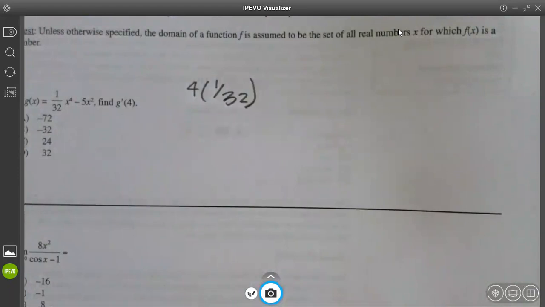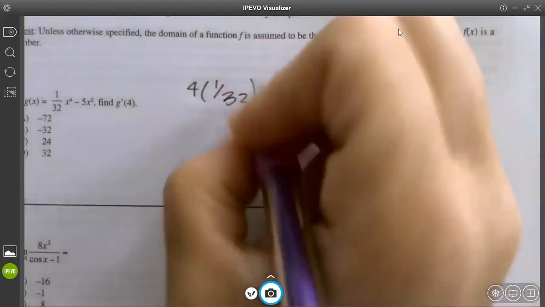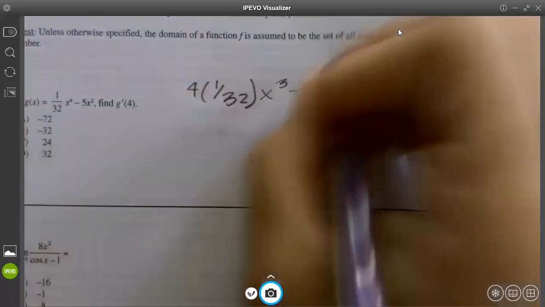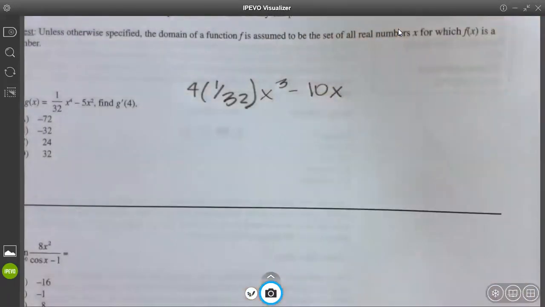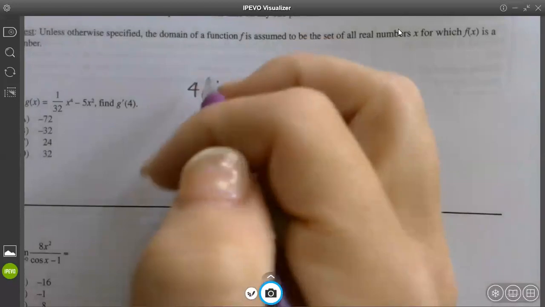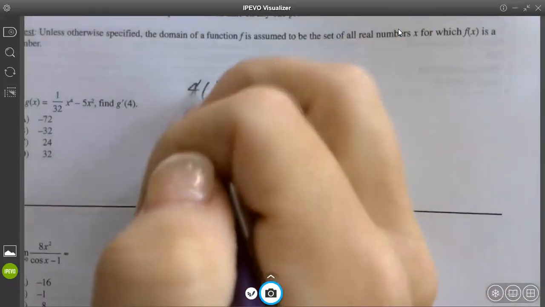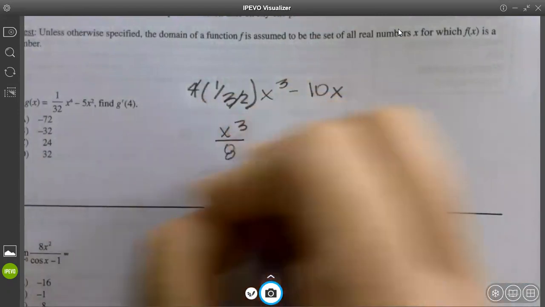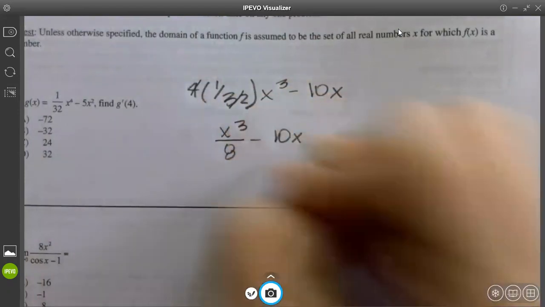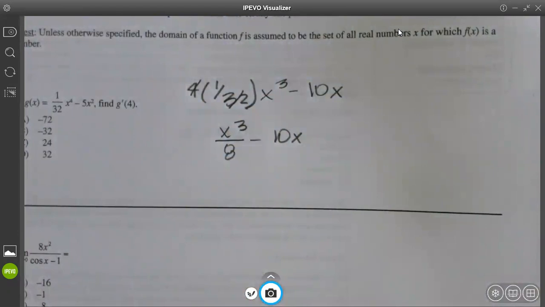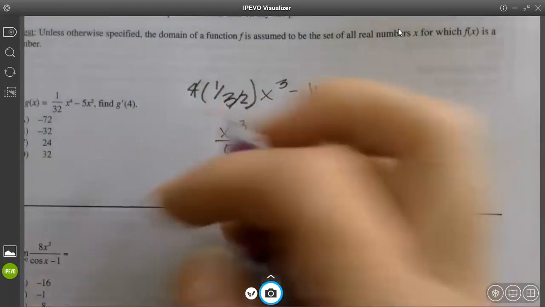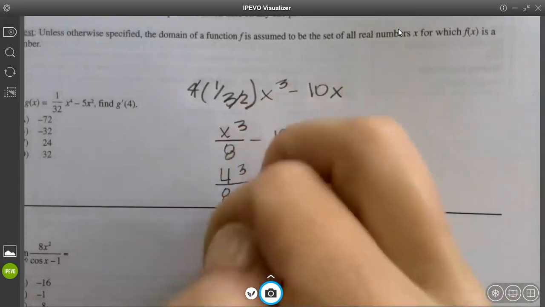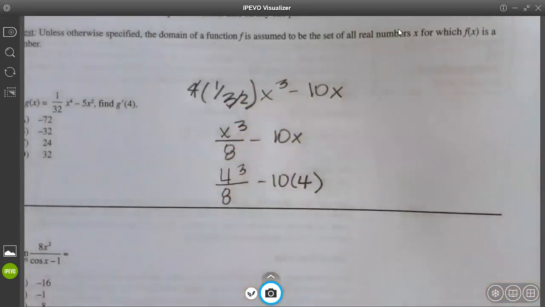Okay. So 4 times 1/32 x to the 3rd minus 5 times 2 is 10x. 4/32 reduces to, so we have x to the 3rd over 8 minus 10x. We're going to plug in 4. We don't have a calculator.